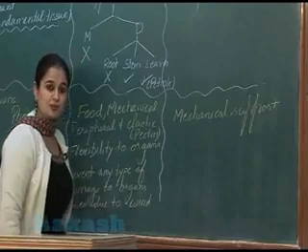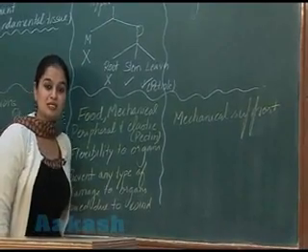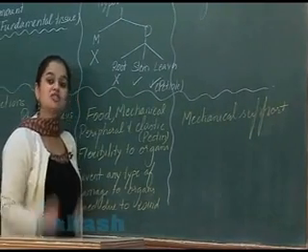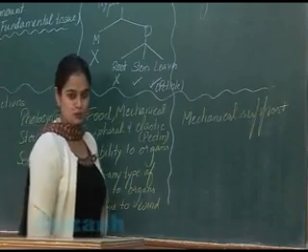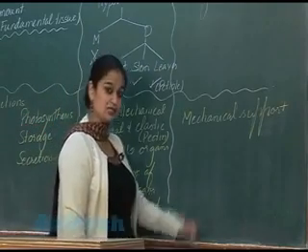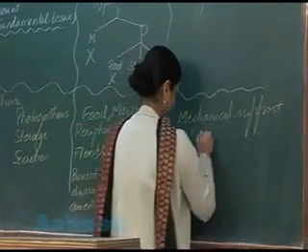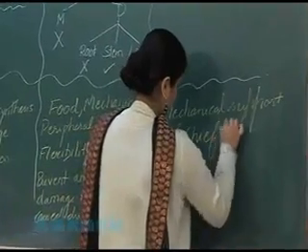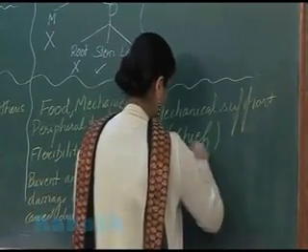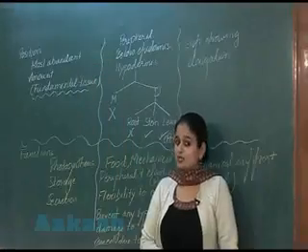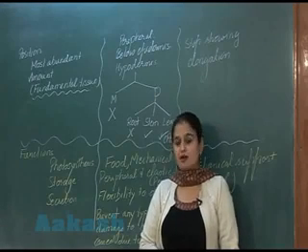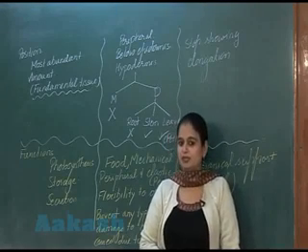Both of them provide mechanical support, but amongst these two, which is the chief mechanical tissue? The chief mechanical tissue is sclerenchyma. So this is about the features of the three types of simple permanent tissue.